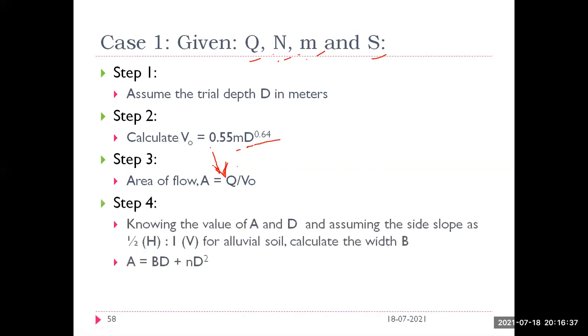Step number 4 is, once you know this area and depth, and assume the side slope, that is N as half, that is half horizontal to 1 vertical, or 1 vertical to 0.5 horizontal for alluvial soil, you have to calculate the width, because you will be knowing area and depth.